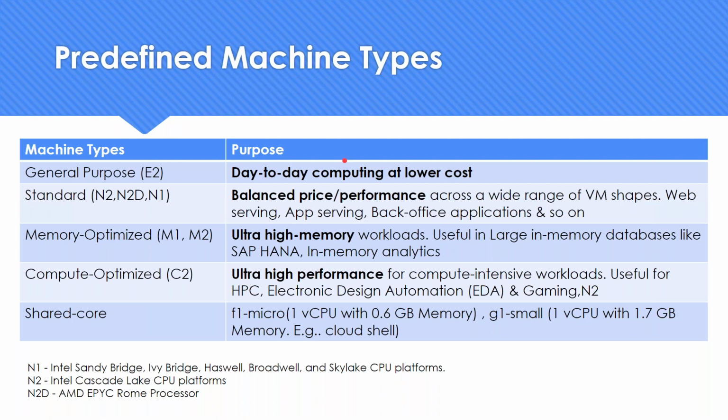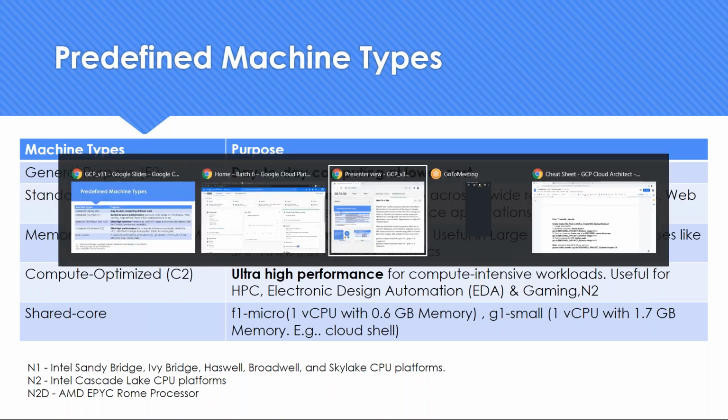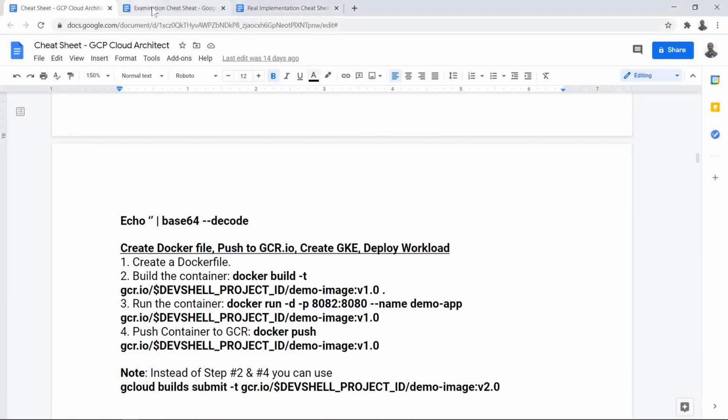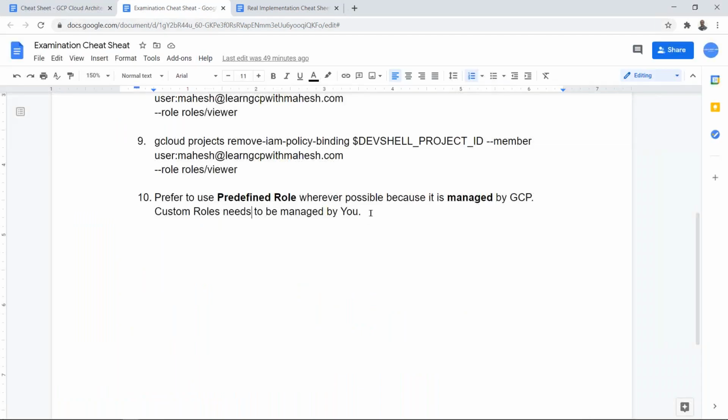I'll just put this in the examination tip. I don't have documentation proving this, folks. I have searched many times, but I have heard in a few Google meetings that this is how the math works.